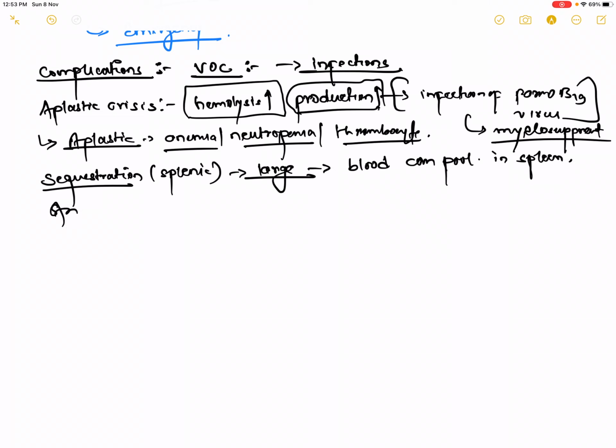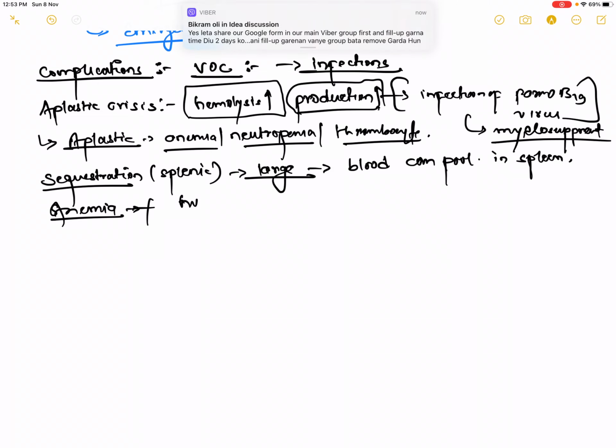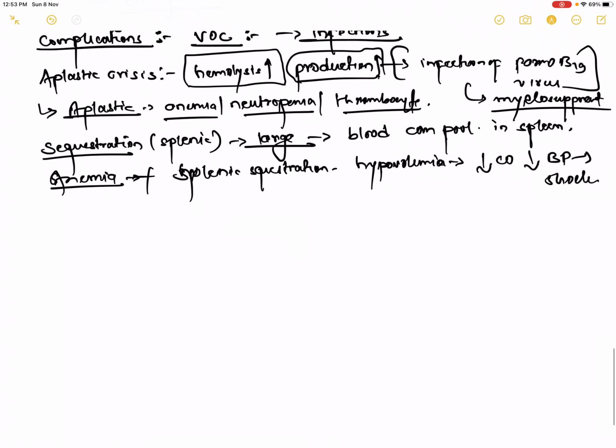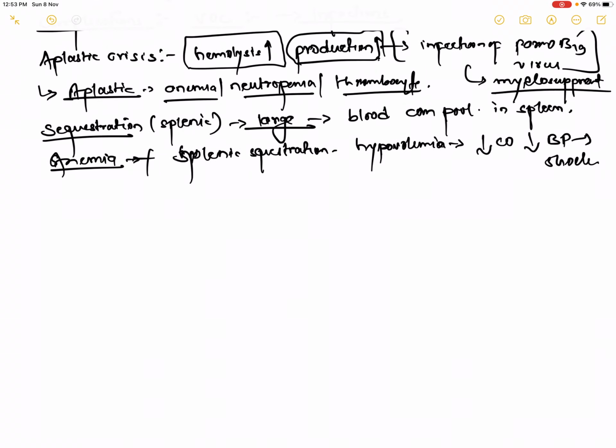Since there is superimposed anemia, anemia plus a large volume of blood sequestered in the spleen, this can sometimes lead to hypovolemia, which can decrease the cardiac output, which can decrease the BP, and can lead to shock. So this is again an important condition to identify in a patient with sickle cell anemia.